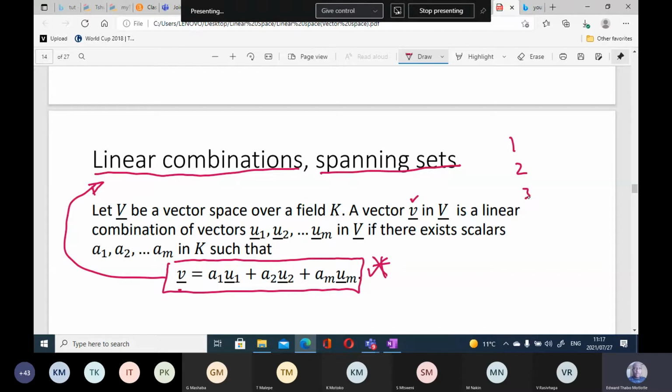Whenever I ask you to show that something is a linear combination, let's say for instance we have 1, 2, 3, and I ask you to write this vector, V1, as a linear combination of V2. So V2 is 4, 8, 12.